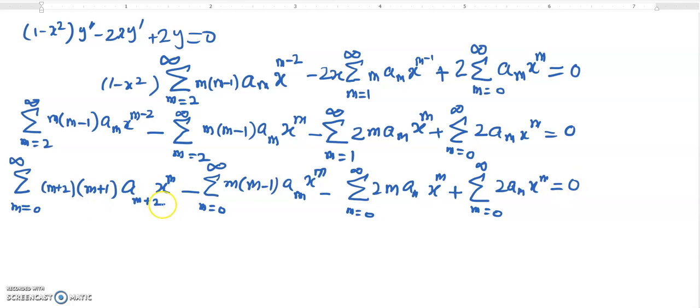So now every term has x power m as the leading variable, and all sigmas are starting from 0 to infinity. So then I can combine them.